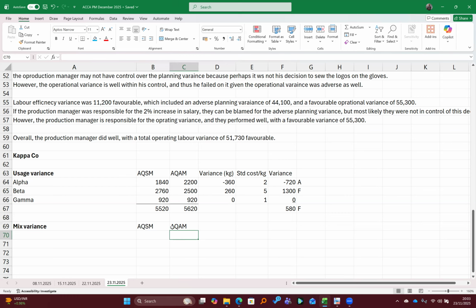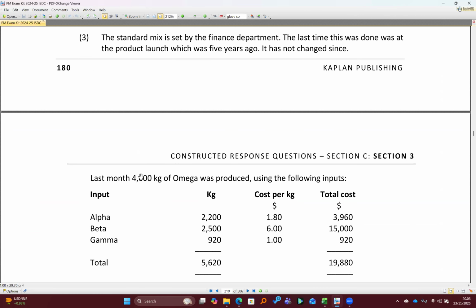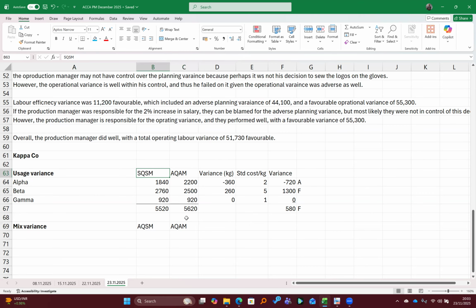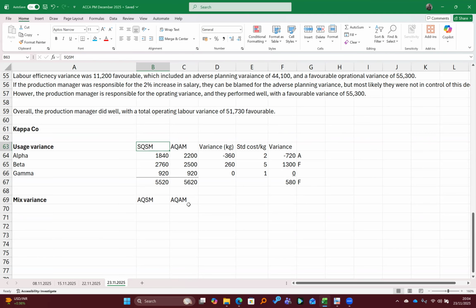So now, this one is actually not actual quantity, it is rather standard quantity, standard mix, because what we did with this was saying 46,000 kilograms were produced, so what would it have been? For alpha, remember we have the actual quantity, actual mix.